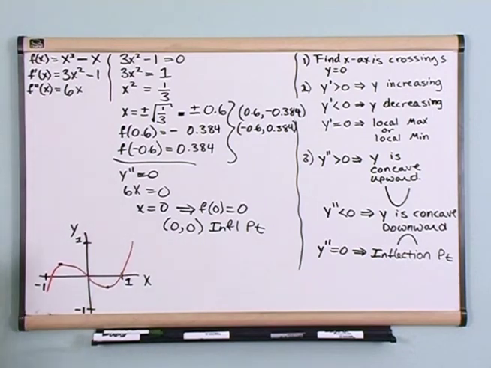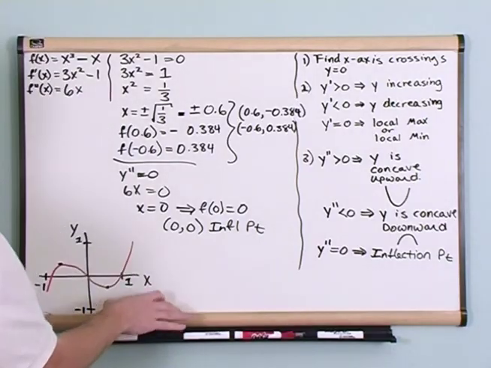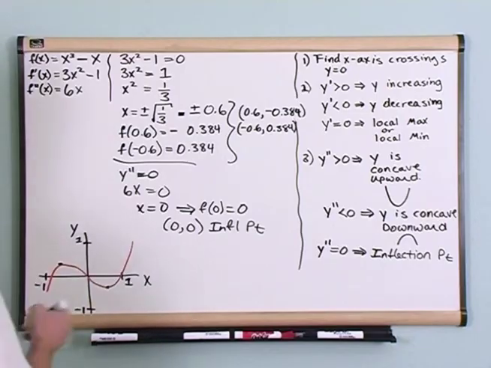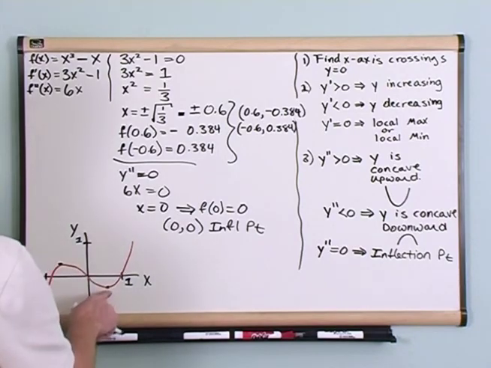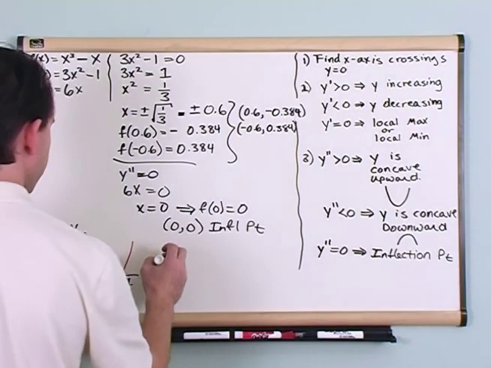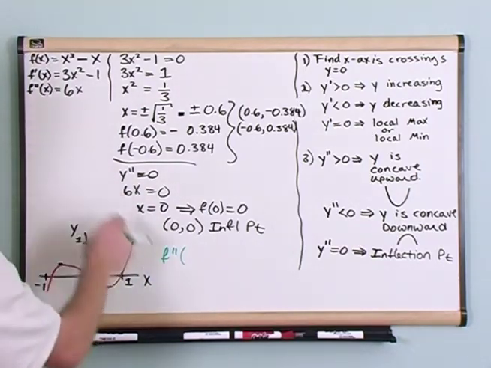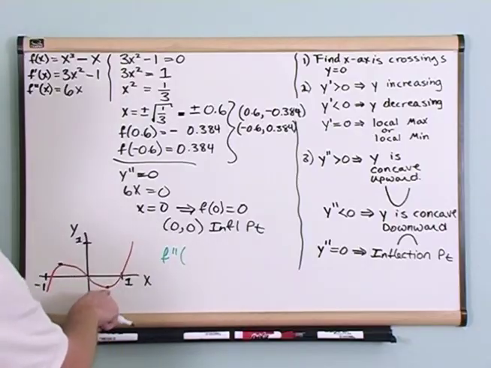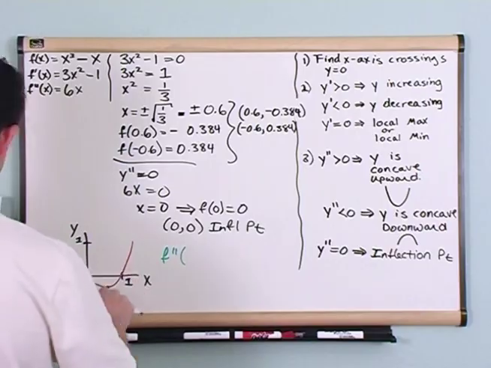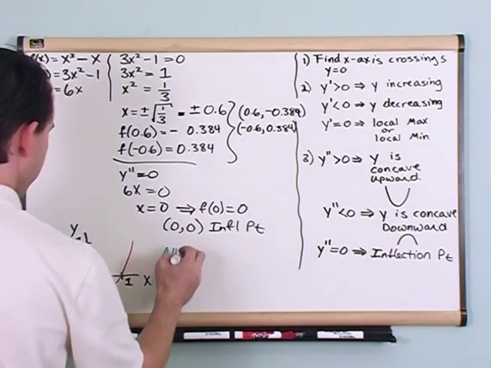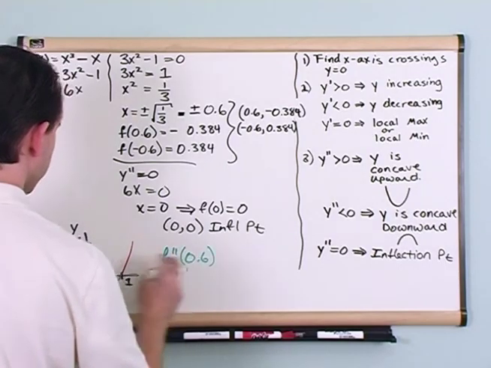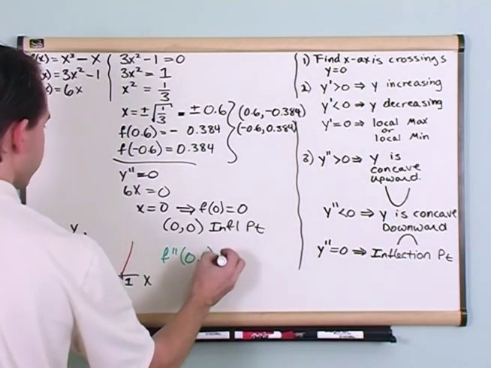Now, if you just wanted to have a triple check to make sure that you were correct, okay, let's look at the second derivative evaluated here at this point. So the second derivative, which is this, evaluated right here where we have this local minima, which would be at x is equal to 0.6. What is this equal to?